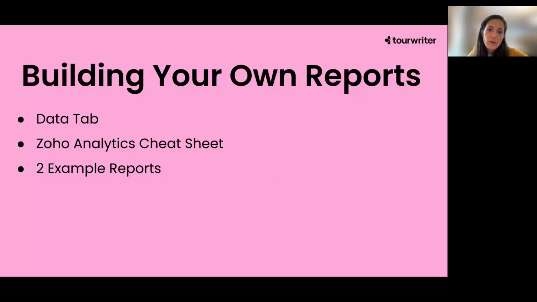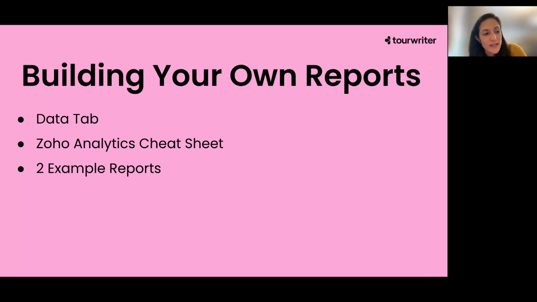All right. Now we're going to talk about building your own reports, which depends on how comfortable you get with Zoho. I think that for some people it comes more naturally than others. When you build your own reports, you're going to see that the starting point is blank, so it gives you a little more freedom and flexibility to build exactly what you need.